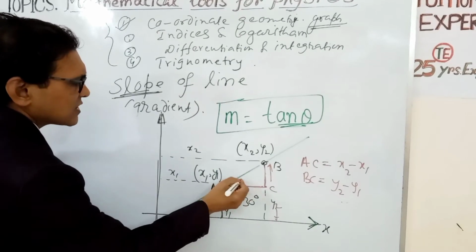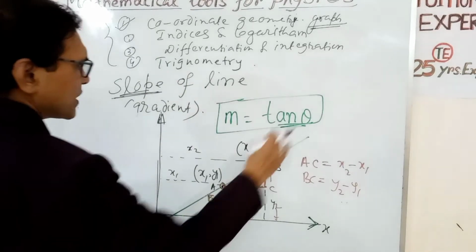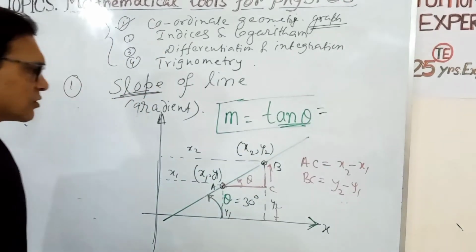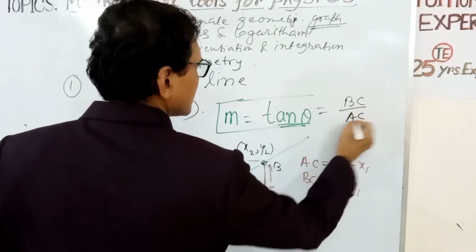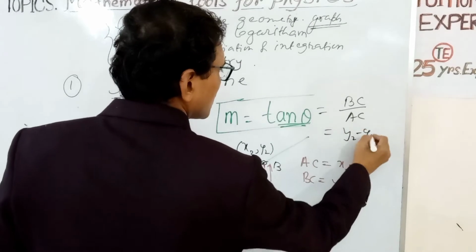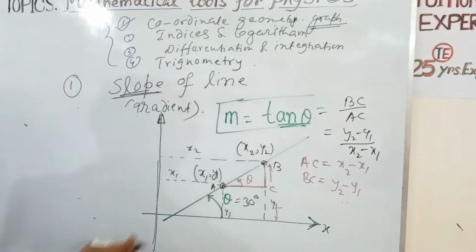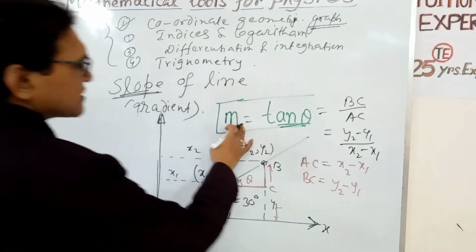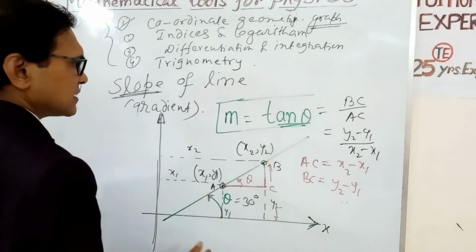Now what is tan theta? The slope of the line is tan theta. We know tan theta is perpendicular by base, BC by AC. So if two points are given on the straight line, then slope is defined as the difference of the y coordinates to the difference of the x coordinates.